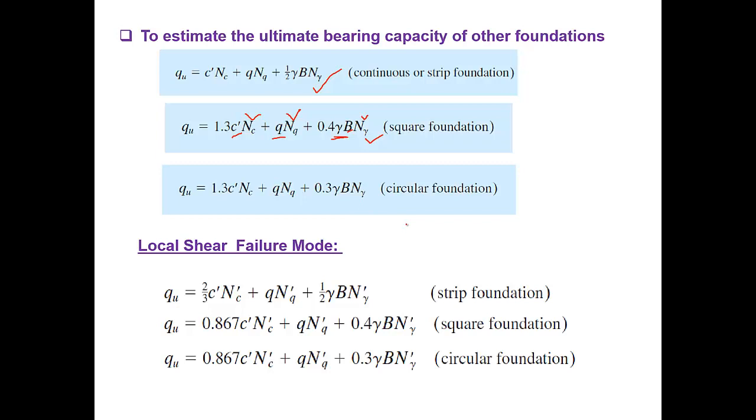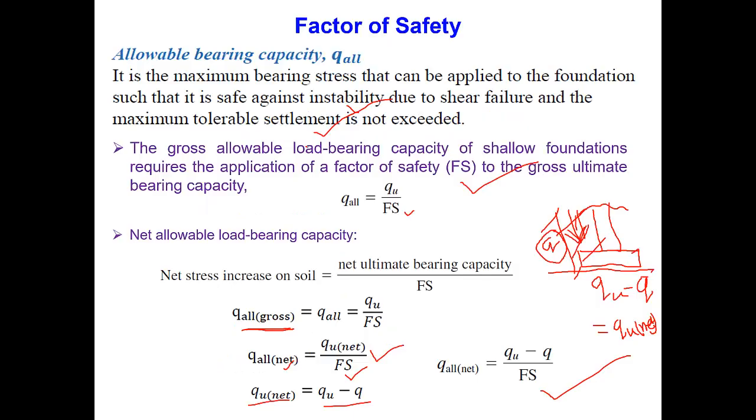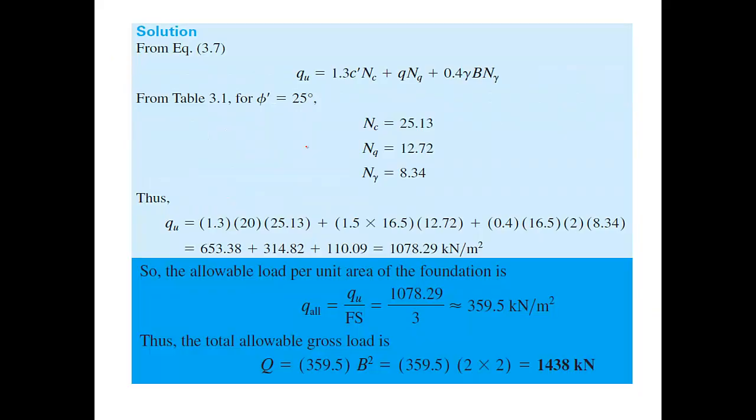So now NQ and N gamma. To get these bearing factors, there are some equations and there are also some tables. From the book you just look into the equations. I'm now showing you the table to calculate this.